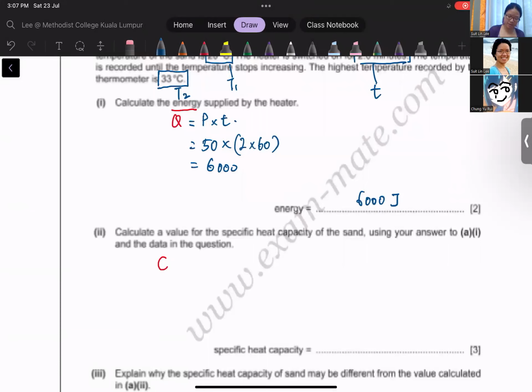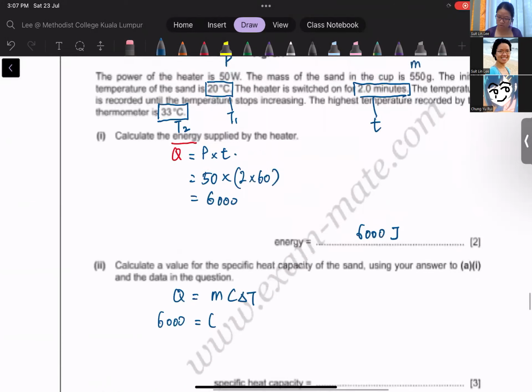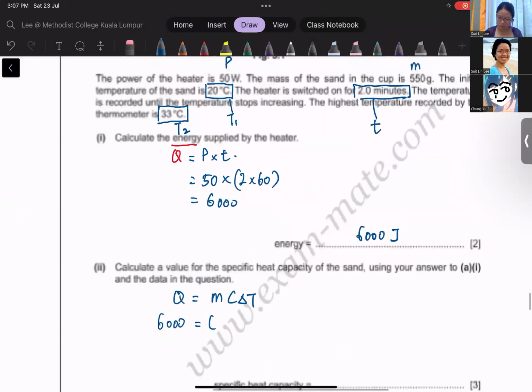Calculate a value for your specific heat capacity. So you know that C is equal to Q over M theta, or you could just go with Q is equal to MC change in temperature. Q is 6,000, your mass is 550, so we need to convert to kg, so 0.550. The change in temperature was 33 minus 20.